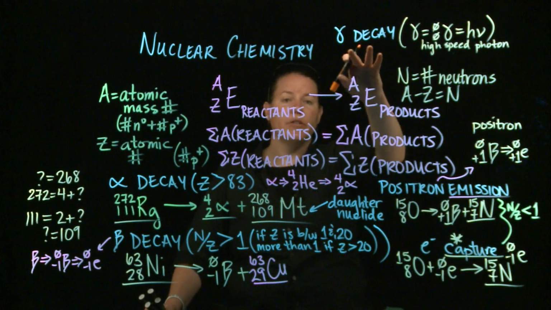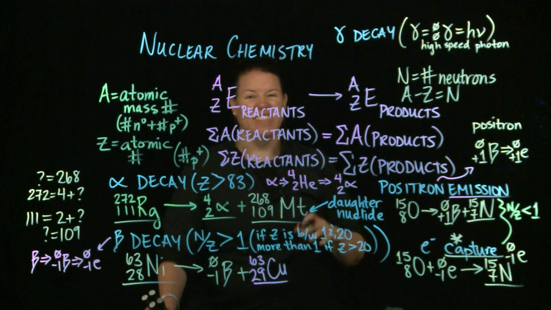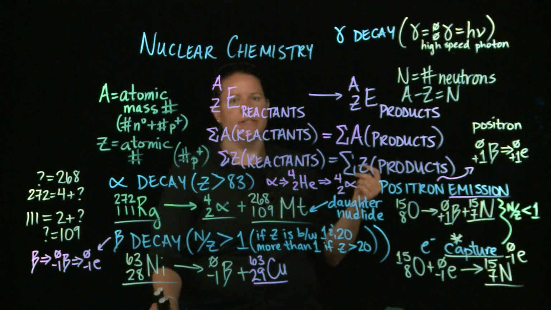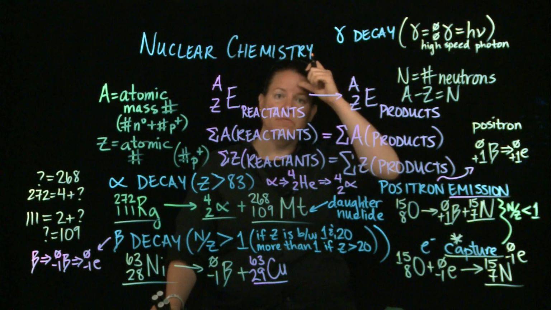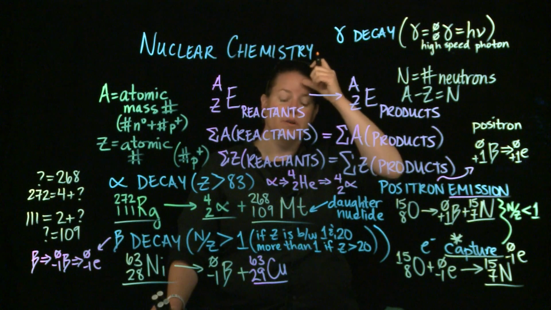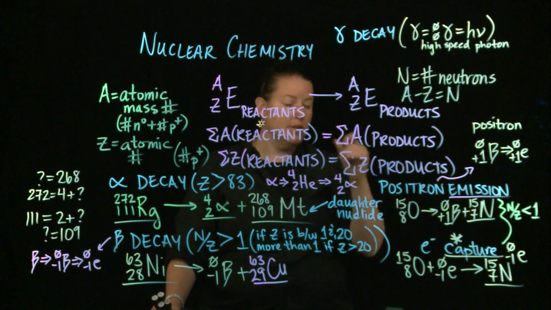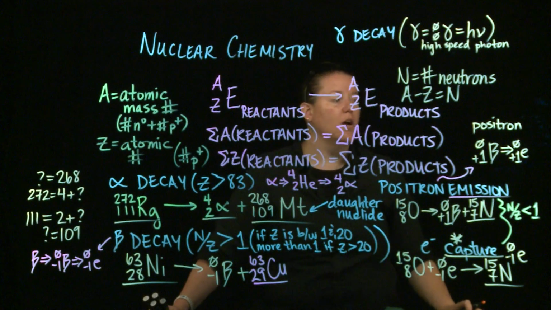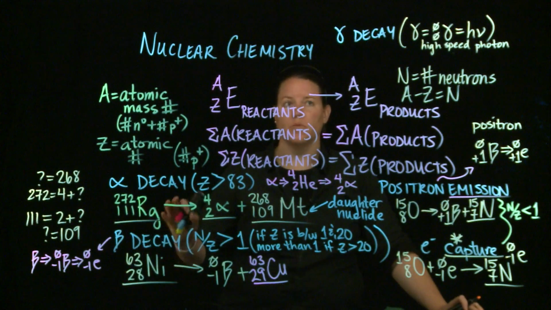And gamma radiation is what tends to kill people pretty well. So just FYI, that's not a pretty moment, but it is part of the deal that comes with nuclear reactions.